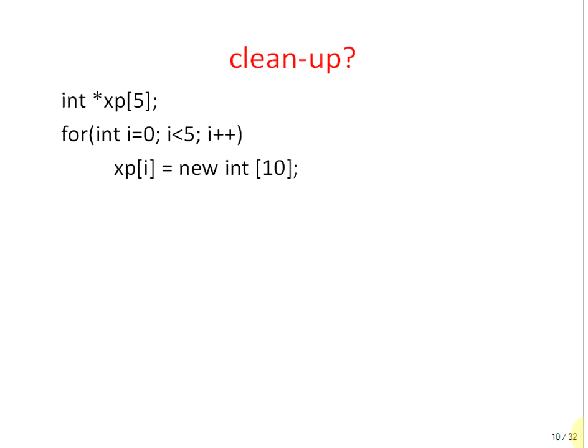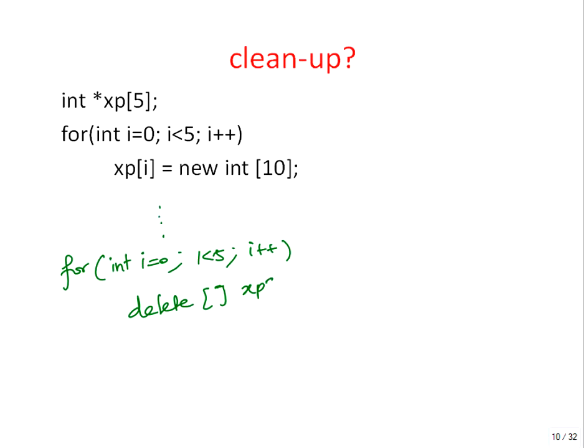No. Okay, so use the same for loop: delete the array pointed by XP of 5. That's how you delete the individual arrays. There are 5 arrays, that's why.